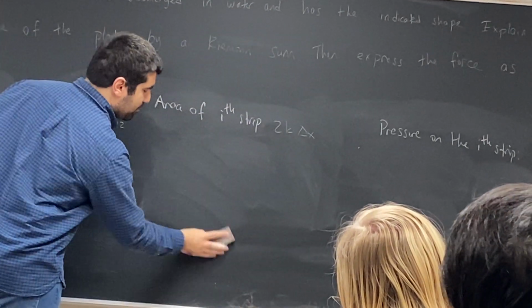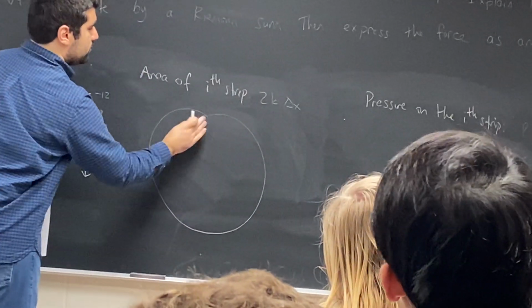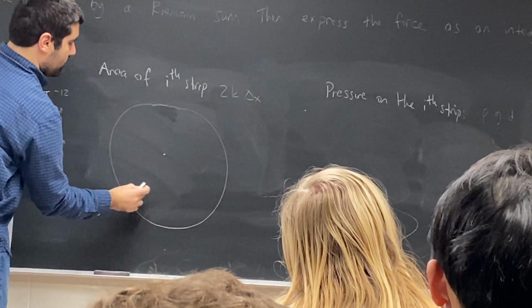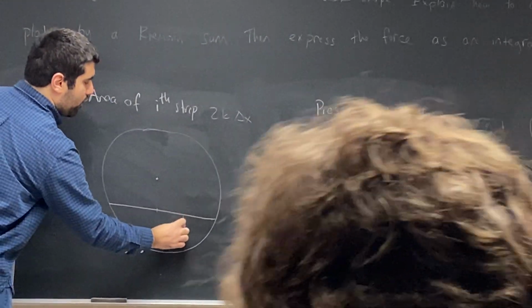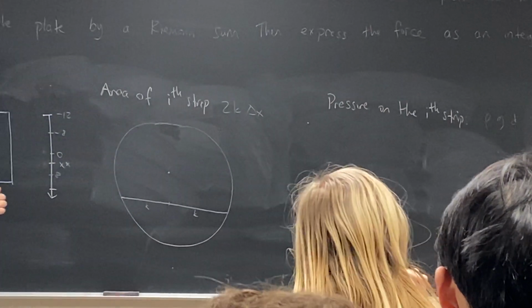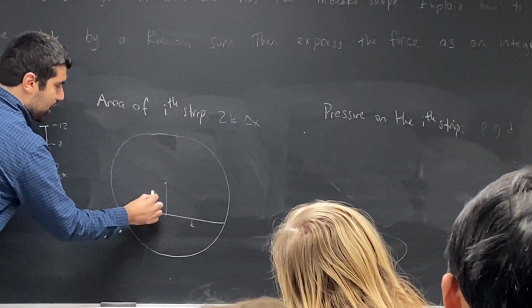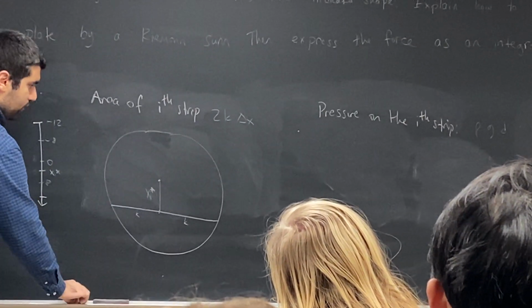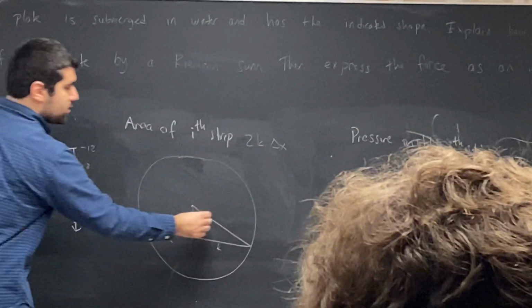Let me sketch it a little bigger. So this is what we call k, right? And we know that this is xi star. And what is this distance? That's a radius, so it has to be 8. It's given in the problem.